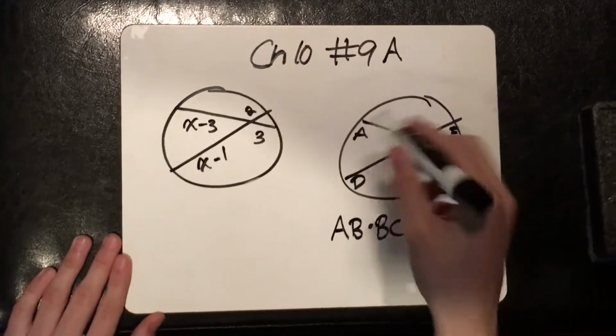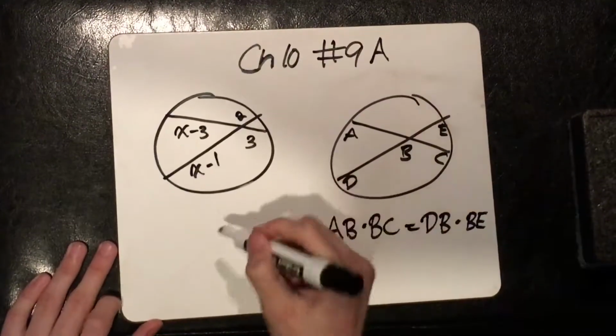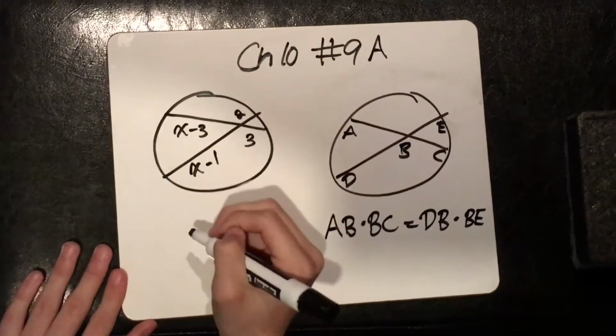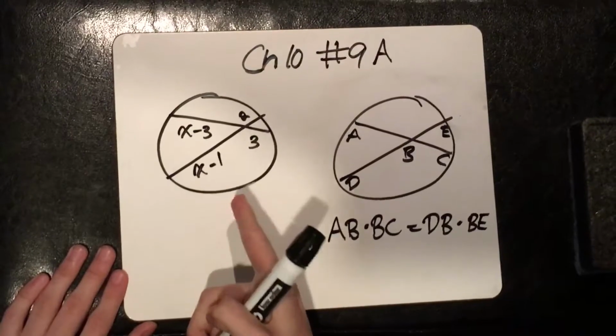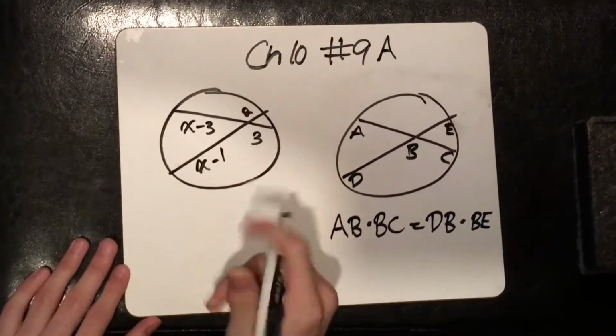So we can see how this circle correlates with that circle, and by seeing that relationship, we can just use the chord power theorem on the circle given to us on number 9.